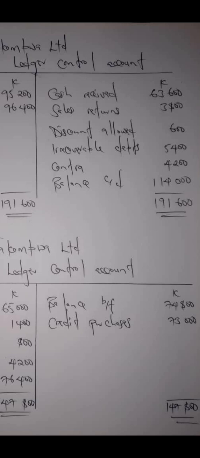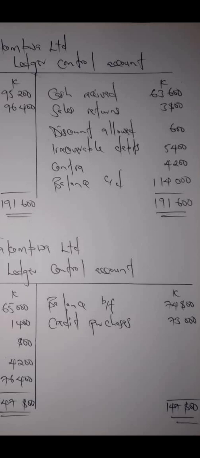It is going to give us 77,600. Then we reduce this 77,600 from 191,600.